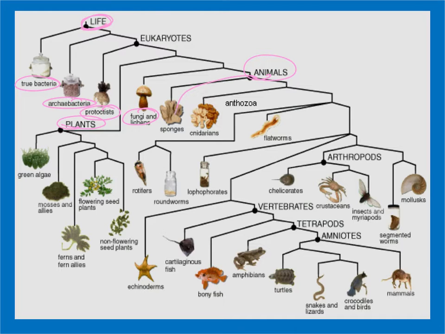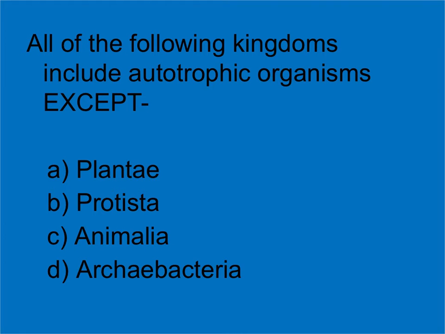You have your very simple animals like your sponges, cnidarians, flatworms, and then we get into more complex like roundworms and arthropods. And anyway, you can look at it further, how they've got it branched out and evolved.